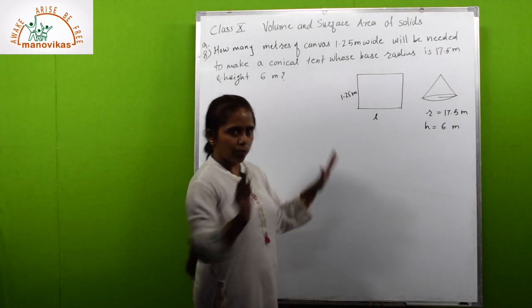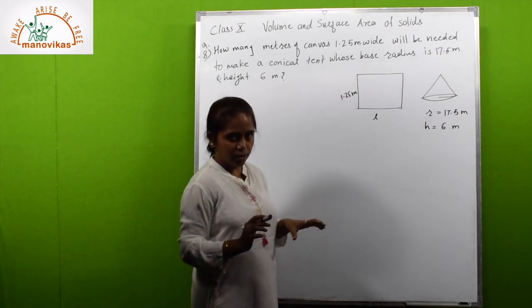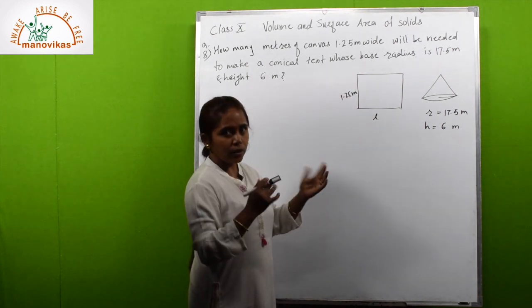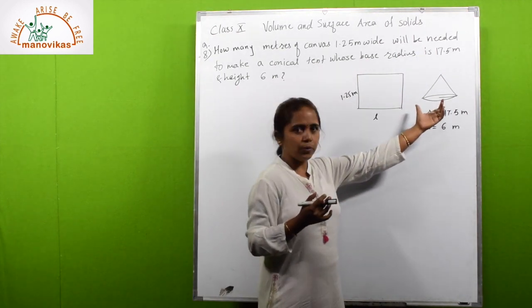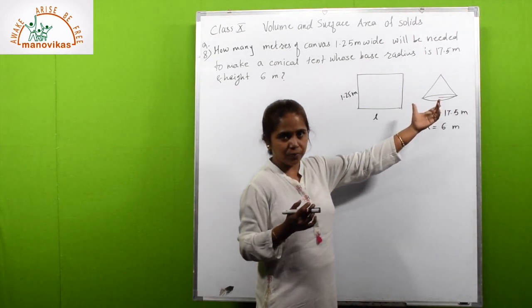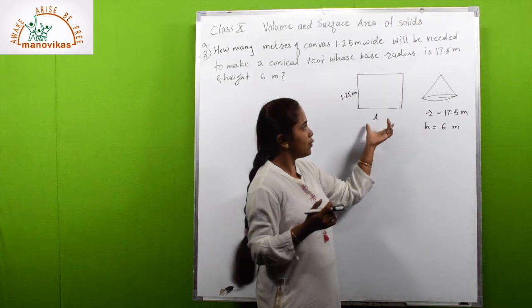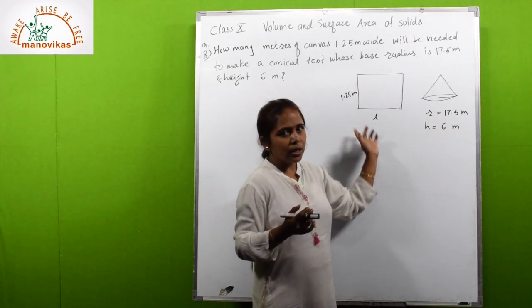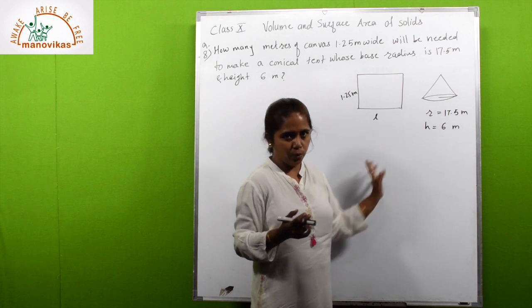Now from the canvas the tent is made, so the surface of the canvas is turned and it is in the form of the conical tent. So here one surface is changed into the shape of another, so we have to compare the surface area for both.